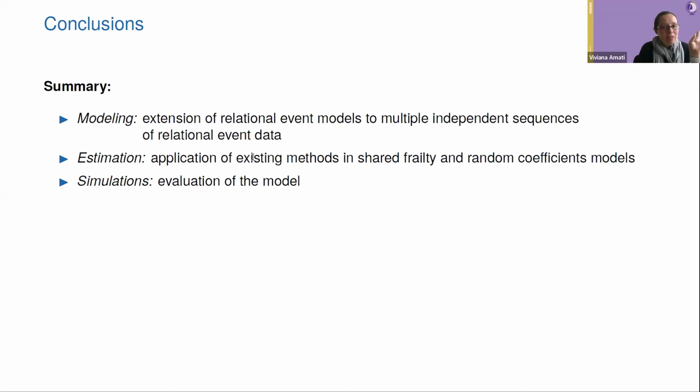And the estimation can profit from methods that are already implemented in R packages and known in the context of random coefficient models. The evaluation of the model shows that the random coefficients are usually less noisy than any other approach. And with this, I conclude my presentation, hopefully in time.